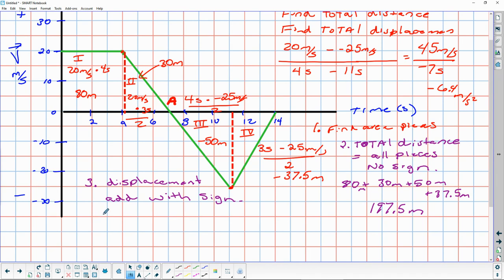So in our case, that's going to be 80 plus 30 minus 50 minus 37.5.